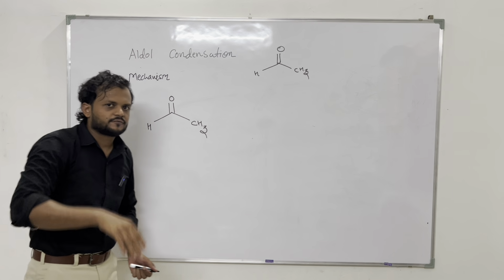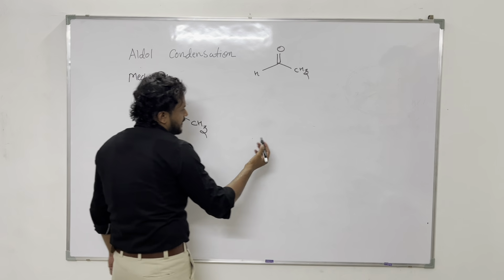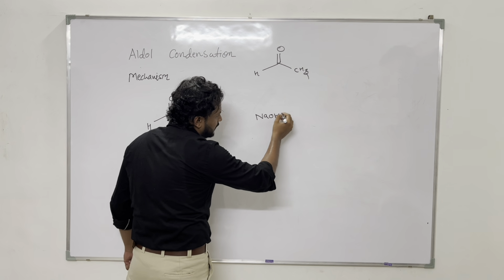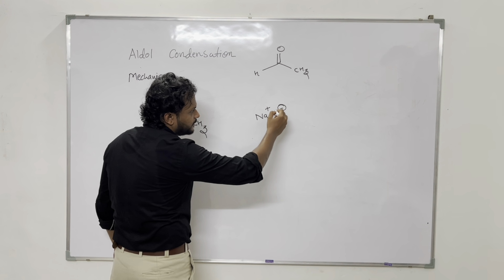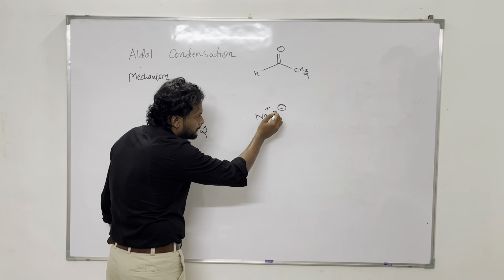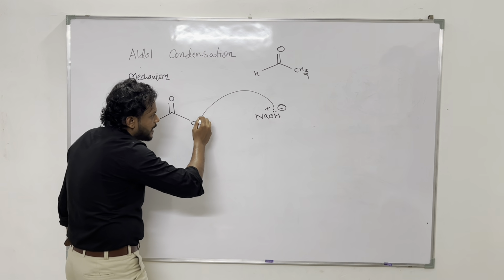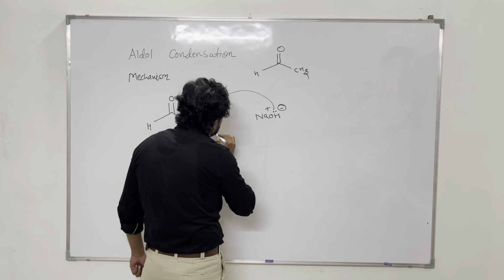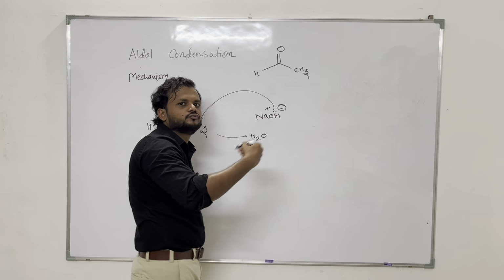We have 2 moles of aldehyde that contain alpha hydrogen, and now we have a strong base in our reaction as well. The strong base is Na+ and OH-, and this is a base and this is a nucleophile. This base is going to take one alpha hydrogen and will form water, and the water is going to leave.